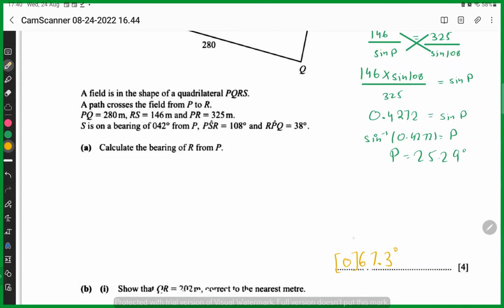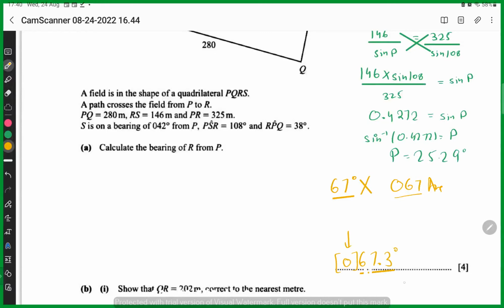These brackets mean that you can add a zero, that is fine, and even if you don't add the zero, that is also fine. But if 67 degrees was your answer and you write it this way, it would not be accepted. For 67 degrees, you need to write 067 certainly.